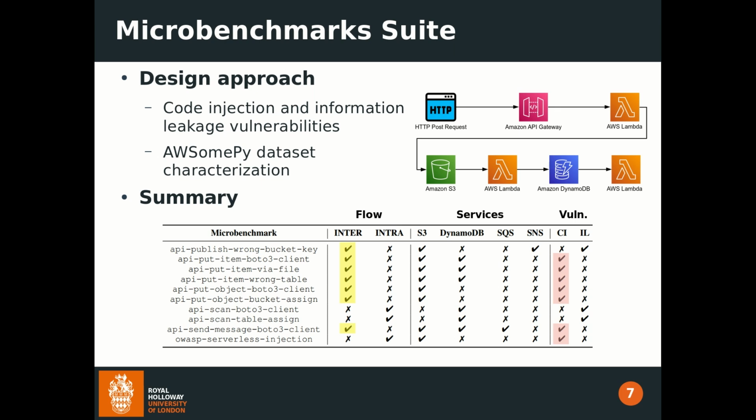The application visible on the top right corner is the motivating example that I have just described and is also one of our micro-benchmarks. The table on this slide shows that 7 micro-benchmarks are interprocedural. As for the included vulnerabilities, 7 micro-benchmarks are focused on code injection, whilst the others contain information leakage vulnerabilities.